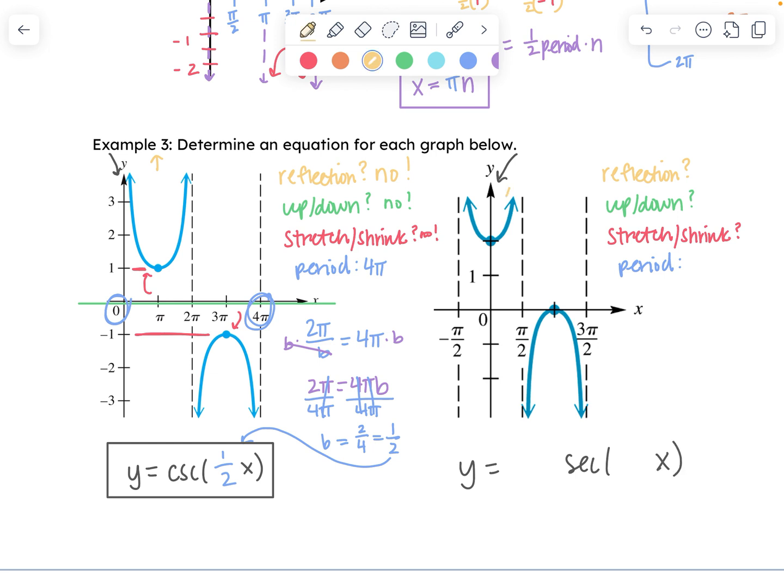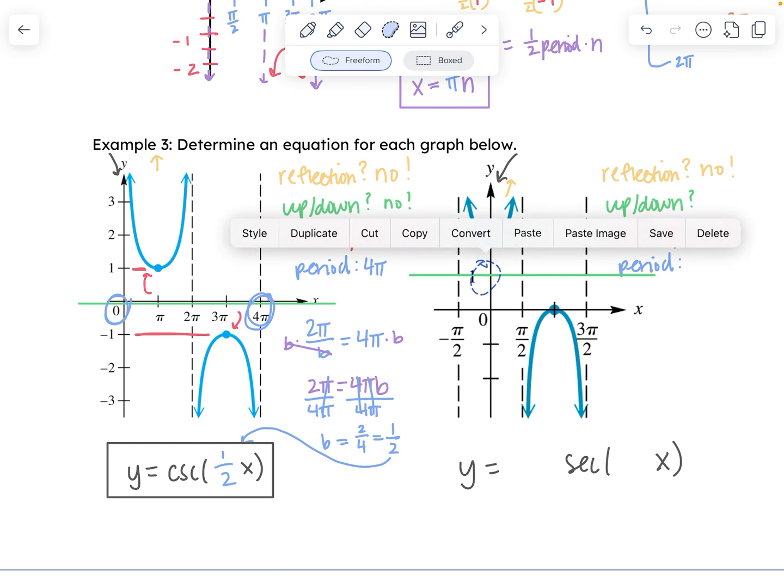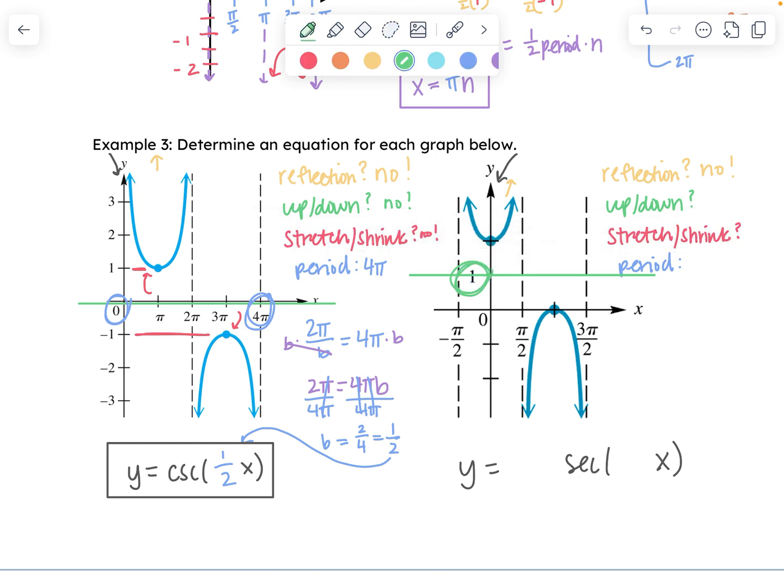You can also see the first part here is going up, so there is no reflection. And normally we should be centered here at the axis, but you can see that we're centered up a little bit. We're centered here at 1, so we did move up 1, which means I'm going to have 1 plus in front of my graph.